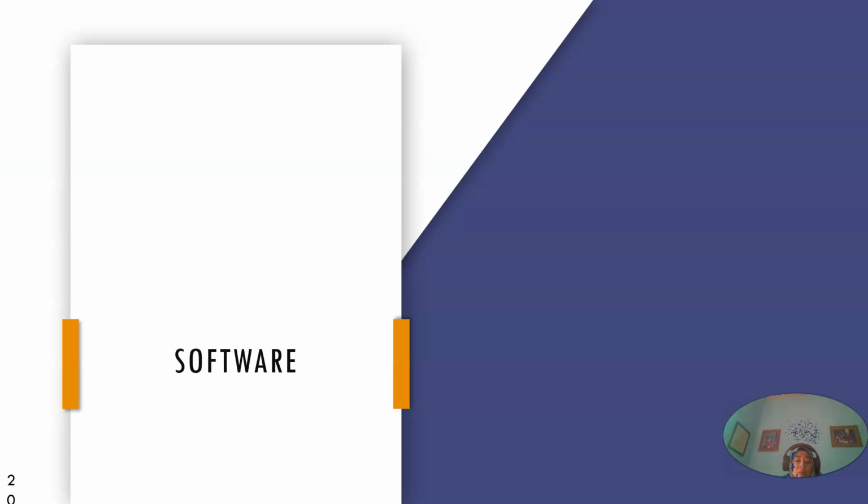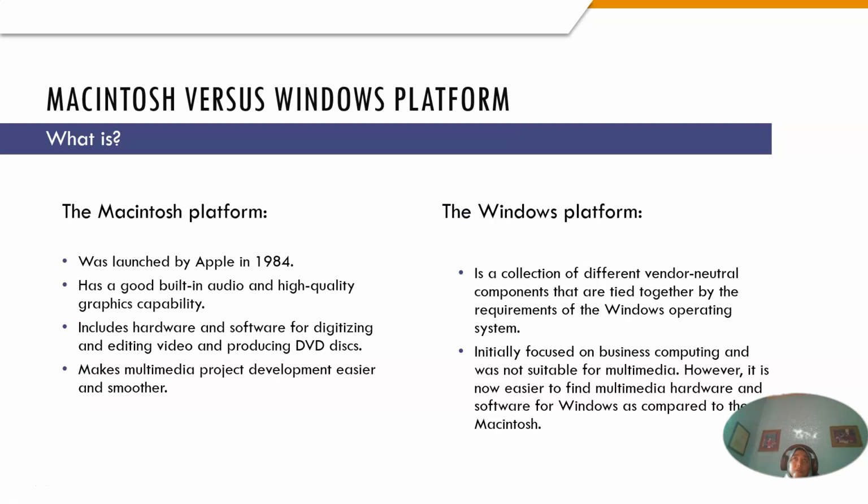So the next part we'll discuss is the software. I think the software is quite easy, because you have used it in your daily life. When you are using a computer or laptop, basically you have the operating system. That is actually one of the software.